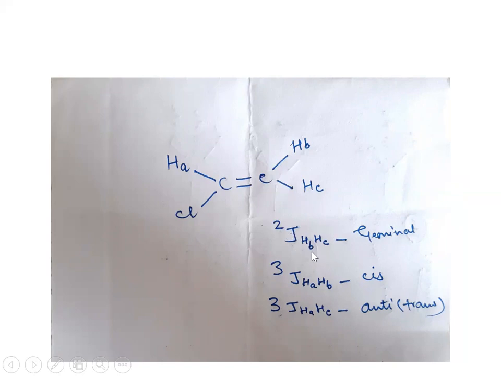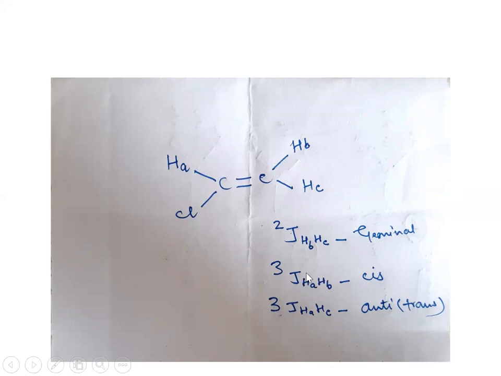This type of coupling is called geminal coupling, as we will discuss in the types of coupling constants. Next one is HA and HB. HA and HB protons are three bonds apart from each other, so we use n equal to 3 here.